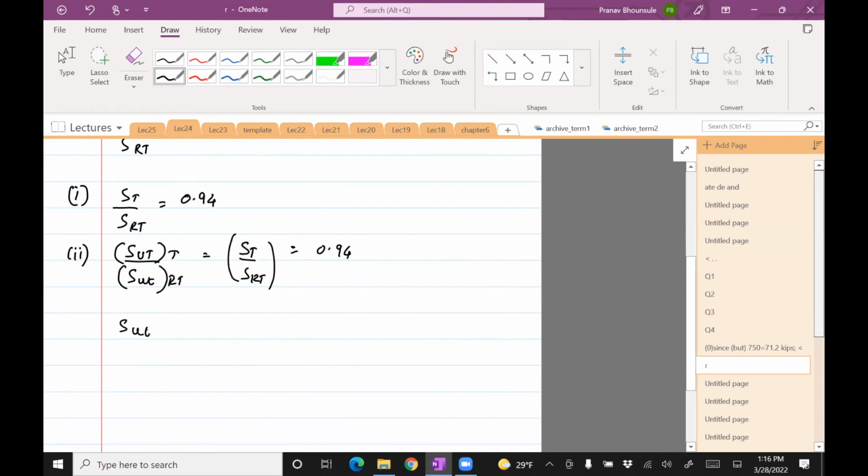And so SUT at 750 is 0.94 times SUT at room temperature, which is, sorry, this is 650, my bad. So 0.94 times 112, 105.